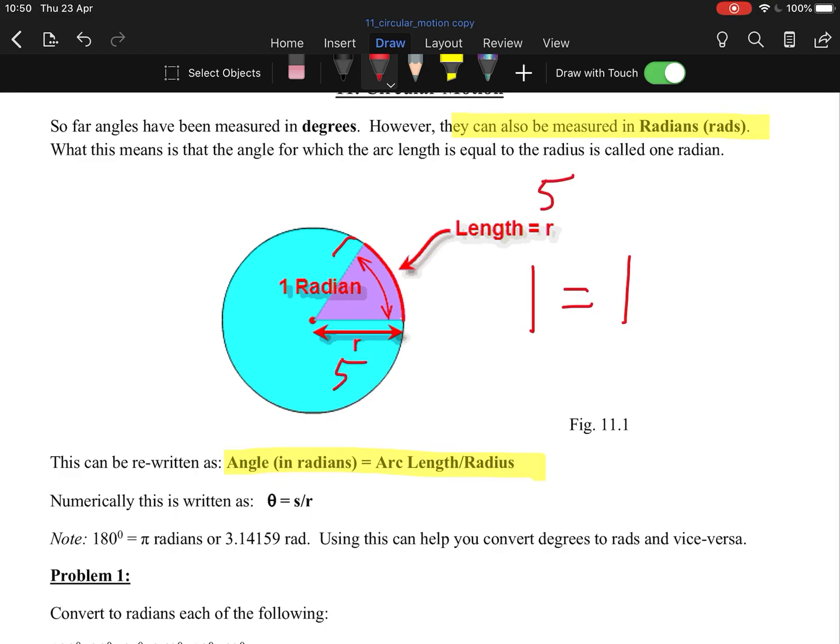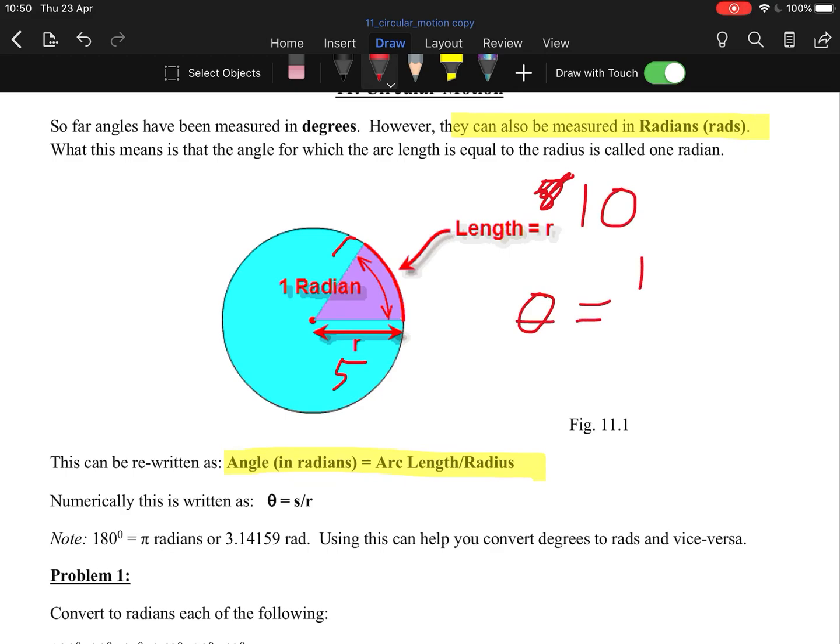For example, if your arc length was 5 and your radius was 5, well, 1 radian is therefore 5 over 5. Then what would be 2 radians? Well, 2 radians would be if my arc length now was 10.